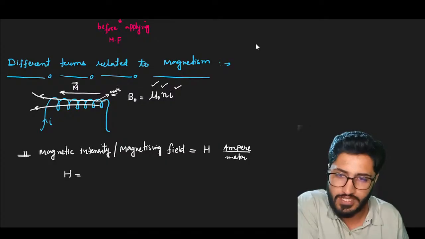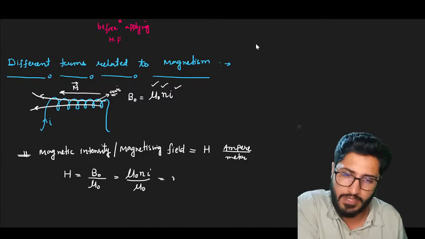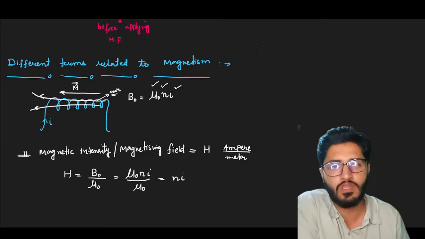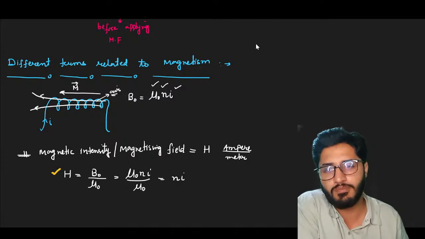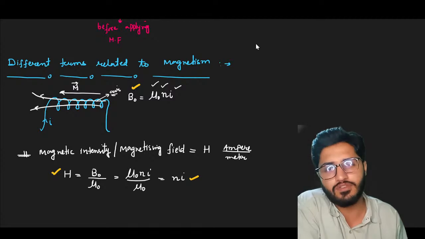So you can write H is equal to B naught, the magnetic field, divided by mu naught. What is B naught? It is mu naught n I divided by mu naught. It came out to be n times I. So my H, the magnetic intensity, is nI, and my B is mu naught nI.